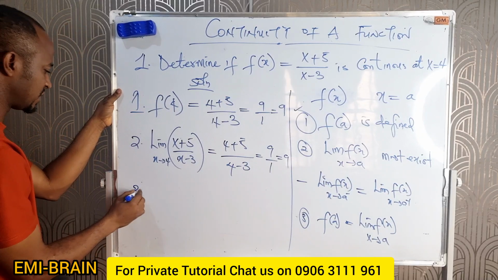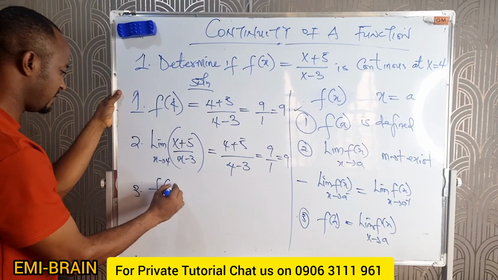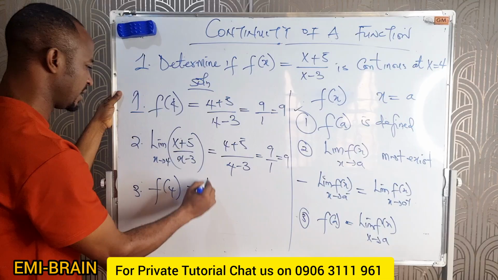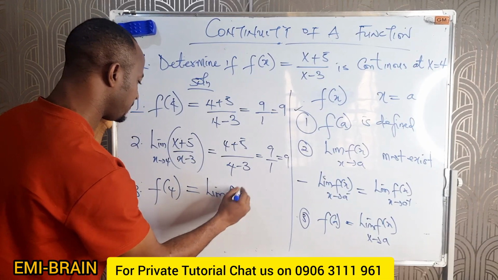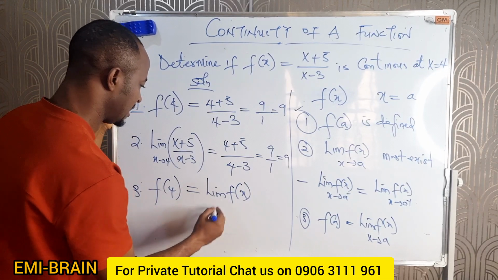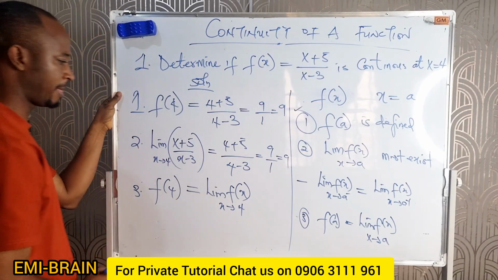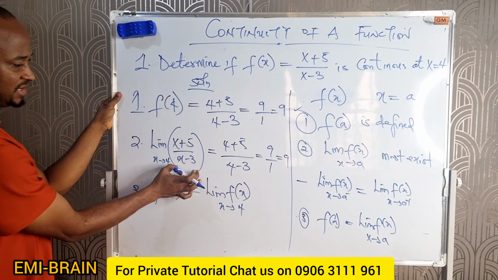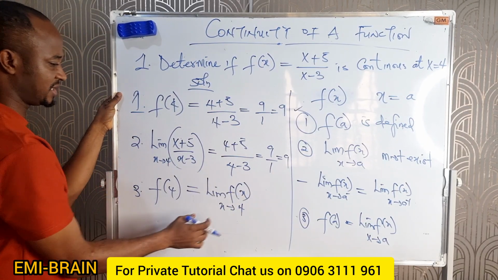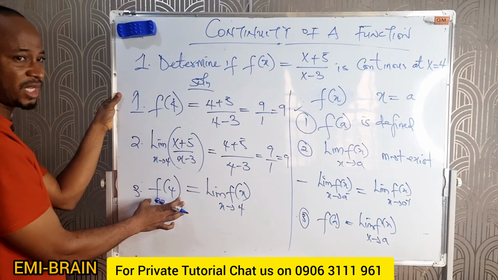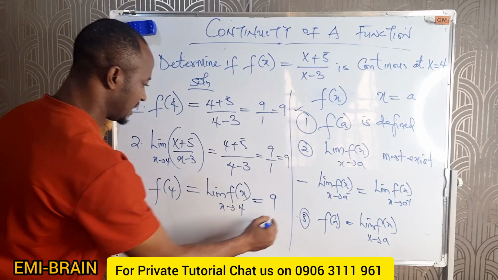So the third condition is satisfied: the limit of f of x as x approaches 4 equals f of 4, which equals 9.